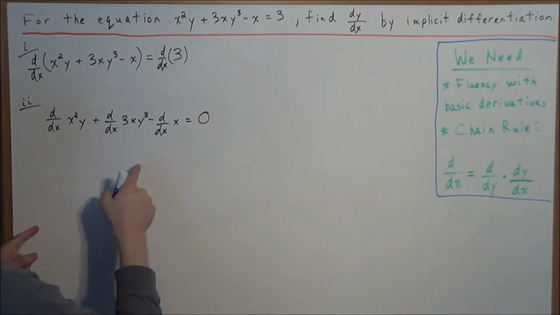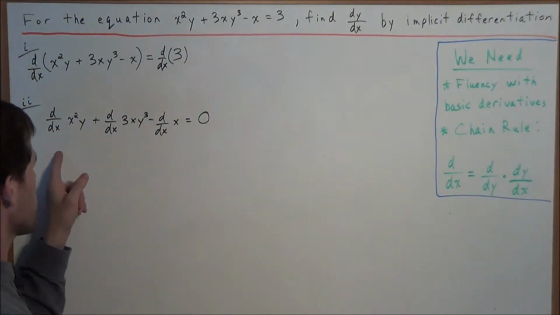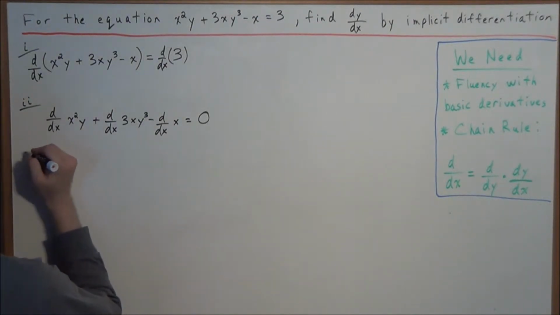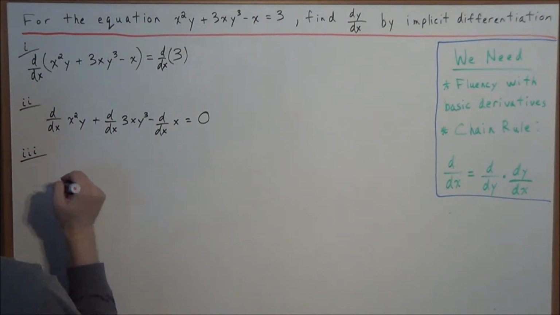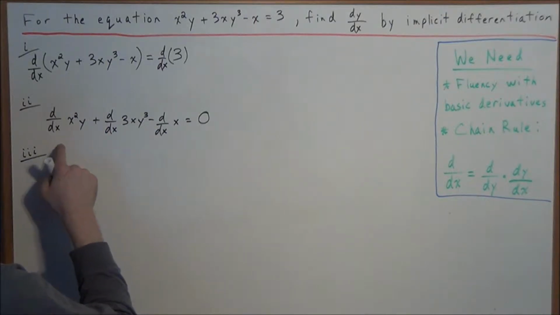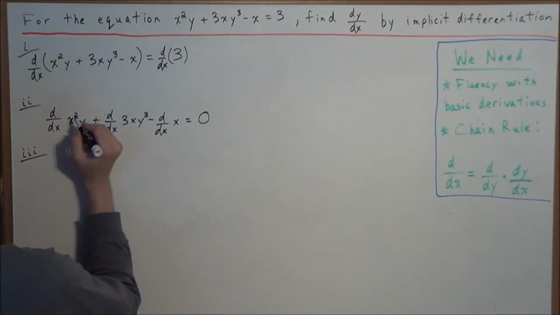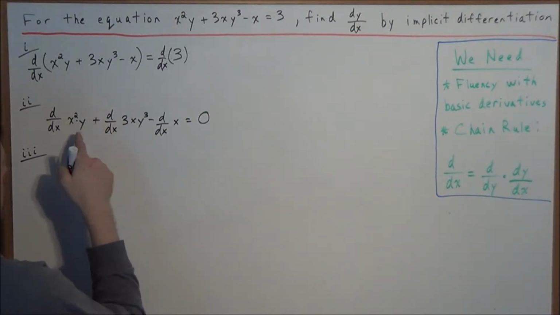So now for the next line, we're going to make use of the product rule for finding derivatives. So notice how we're taking the derivative with respect to x of x squared y. And x squared and y, they're attached by multiplication.